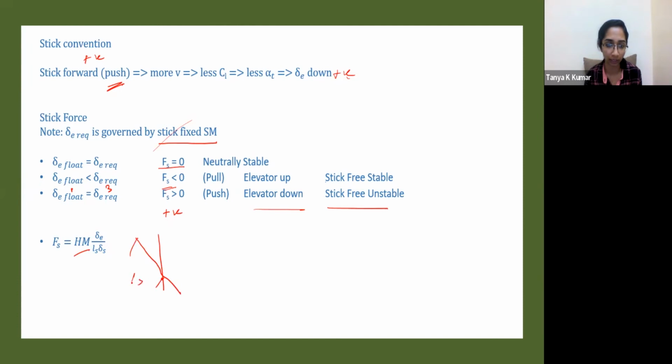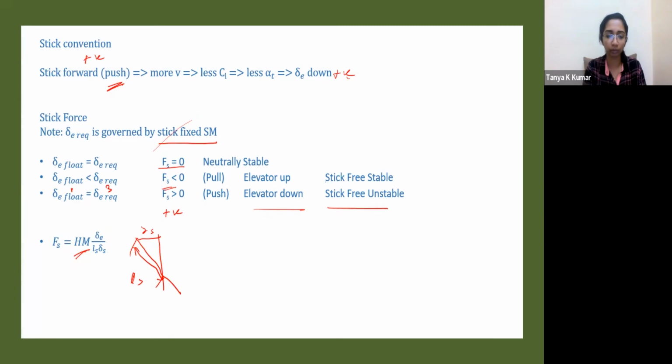So LS is the length of the stick, and how much it deflects, that is delta S. Delta E is the deflection of the elevator, HM is hinge moment. So this is what defines your stick force. And the force required to be applied by the pilot is the negative of this. Okay, this is the force that is produced. How much he has to apply is the negative of this, to deflect the elevator.